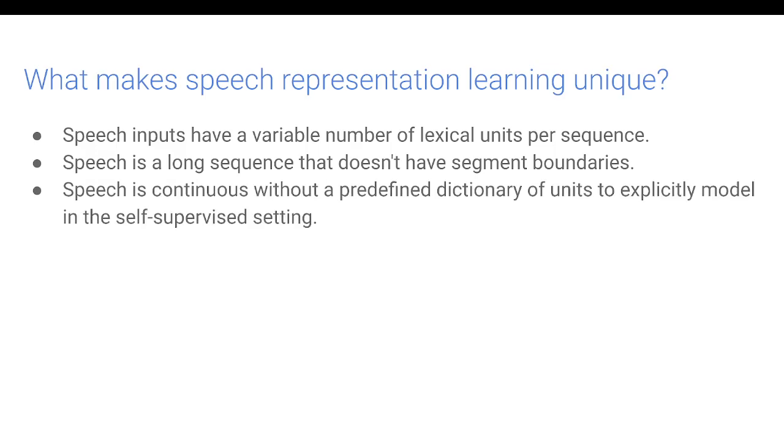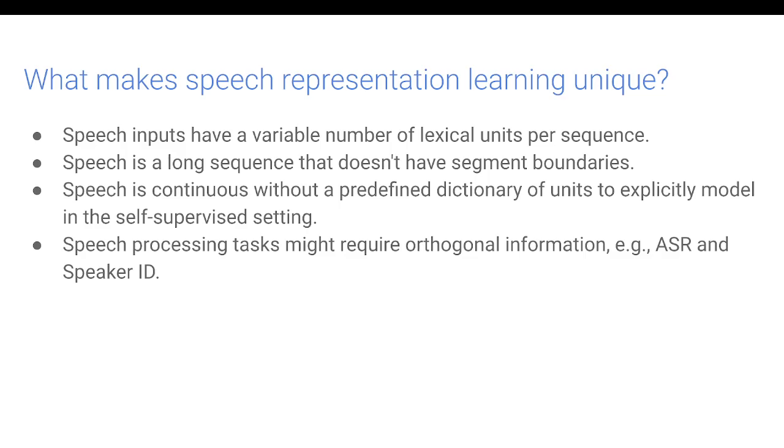Add to that, as opposed to text and language representation approaches, we do not have a predefined dictionary of units. Like in the case of text, we have characters, words, or subword units that we can rely on when we are learning language representations. Here we do not have that predefined dictionary of units.